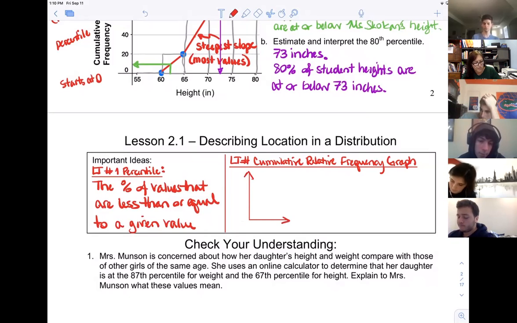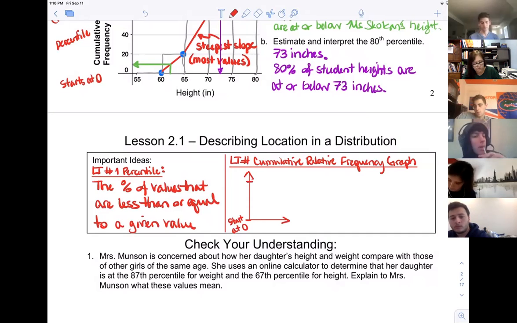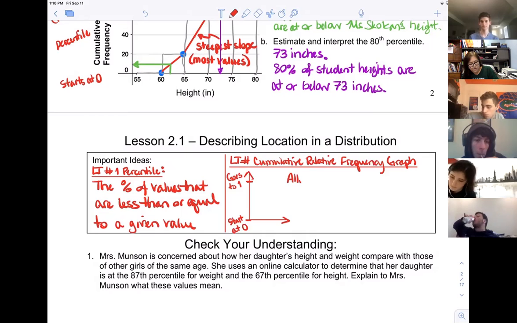Our vertical is going to start at 0, I should say, and it's going to end at 1, which we often call 100%. And this is the graph that allows us to estimate percentiles.